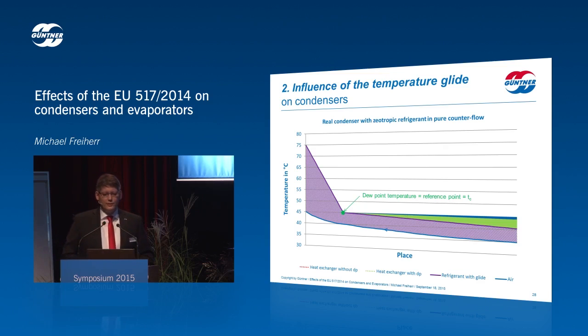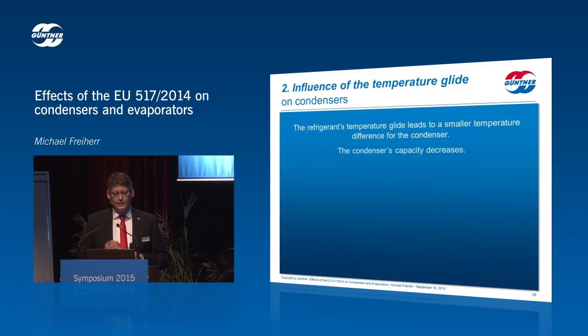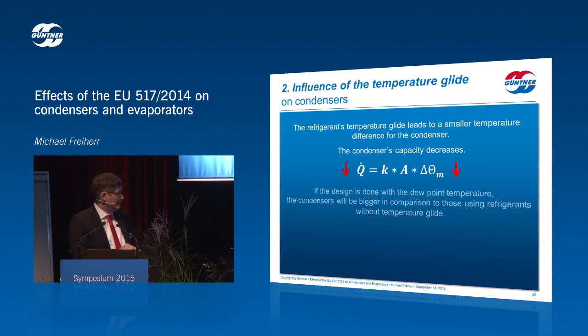So as a short interim conclusion, I'd like to say that the temperature glide of the refrigerant leads to a reduction of the temperature difference on the condenser. And therefore, the capacity is lowered because of this delta T. If you want to install those 10 Kelvin nevertheless, you would have to select a condenser where the dew point temperature rises.